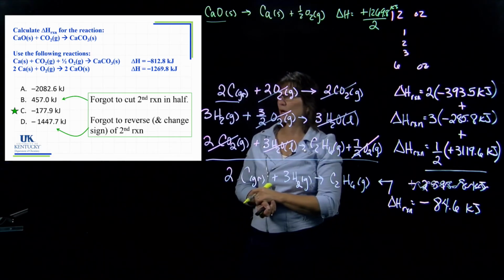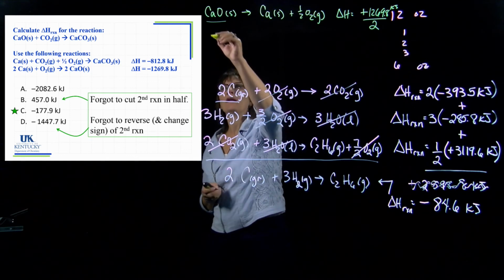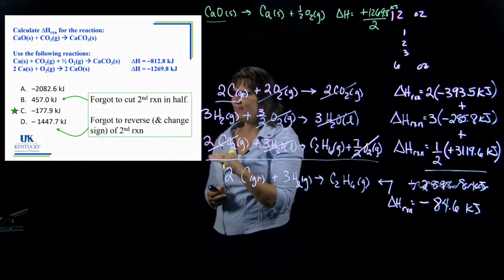The next thing I need is the carbon dioxide. The first equation has the carbon dioxide I needed, so I will write it as I see it. It's on the correct side of the equation.